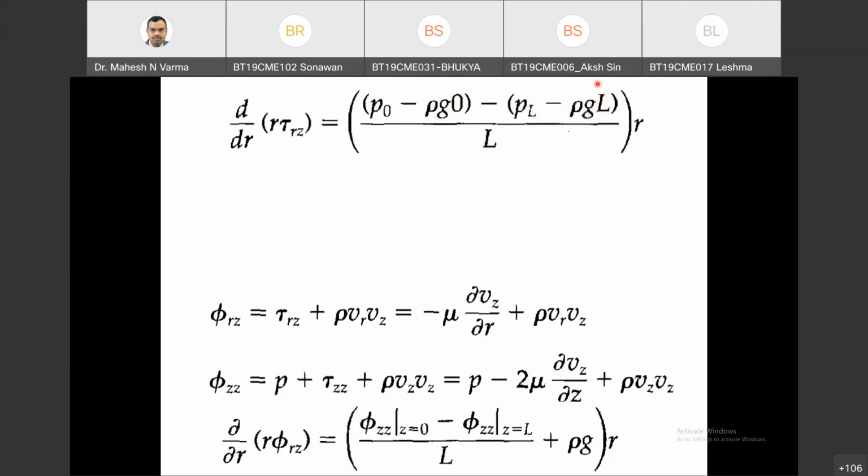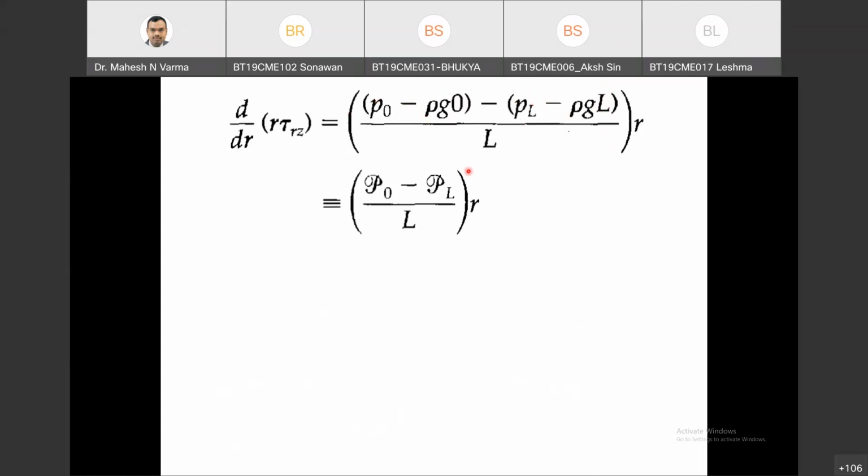This potential head is negative rho gL because I am moving in the direction of gravity. My origin is at the top and the end of the pipe is at the bottom. So at the bottom the potential head will be lower, and flow will be in that direction. Certainly this will be lower than this, and this is indicated by capital P0.